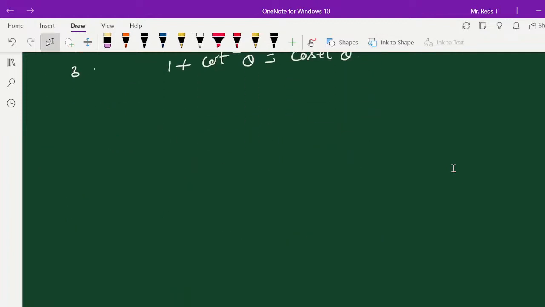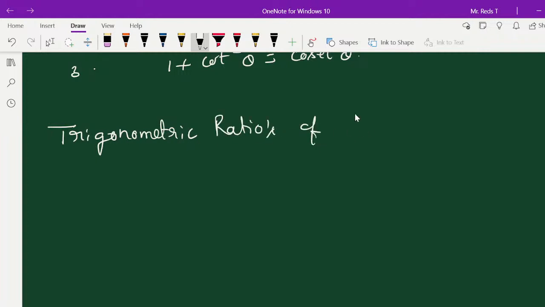Note a subheading: the trigonometric ratios of a few standard angles.